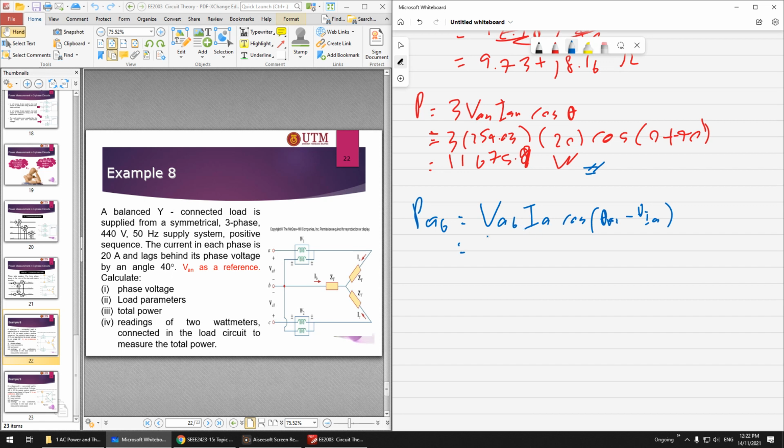So for this case, V_AB is 440, I_A is 20.